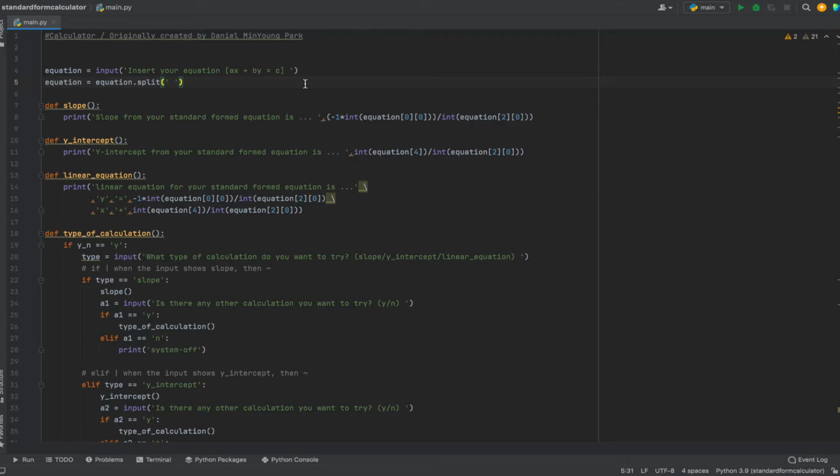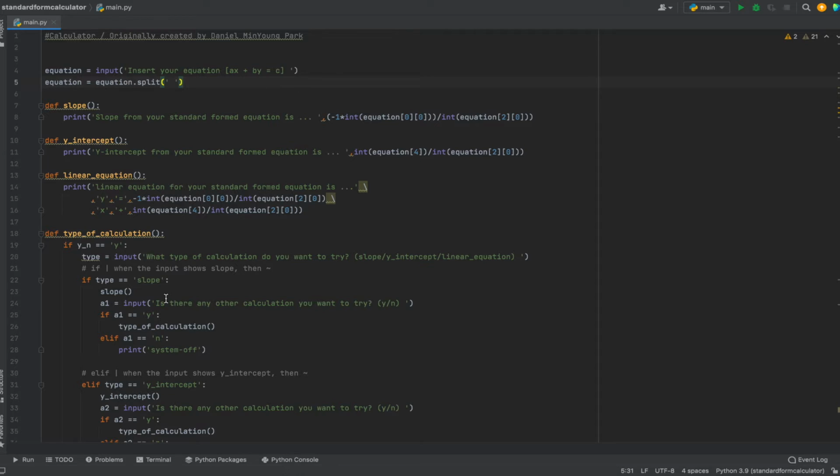And then since I got the slope and y-intercept, I'm now defining linear equation or slope-intercept form. How it works is y equals mx plus b, where m is slope and b is y-intercept, combining it all together as one equation.